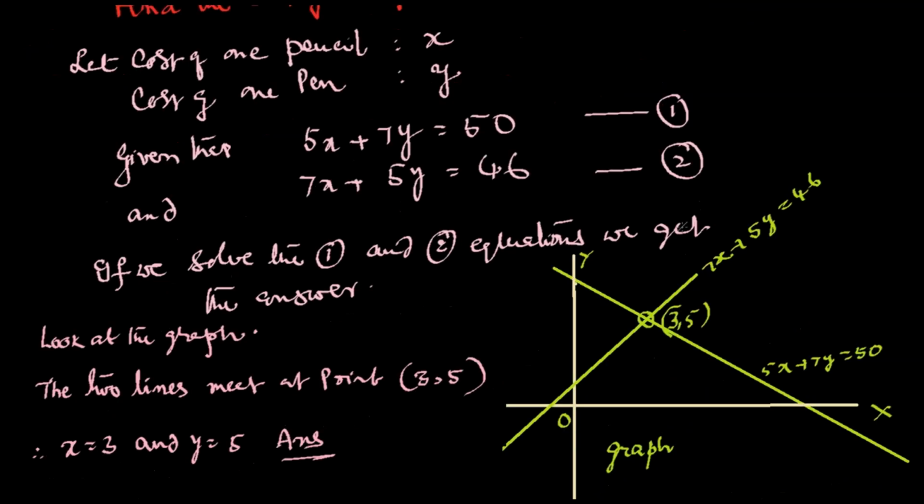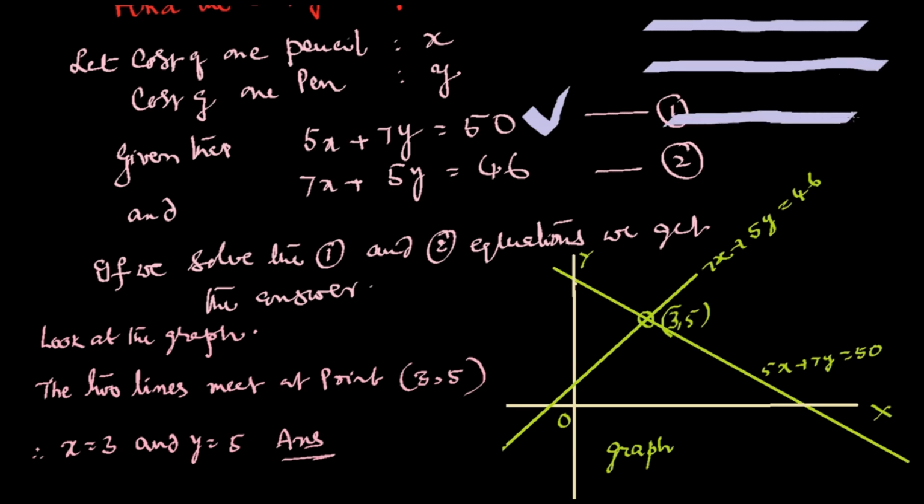Solve them. See here I have drawn graphically. I plotted these lines. How to plot? You have to make a table here. Here you should write x. Here you should write y.